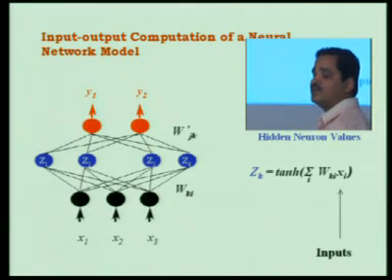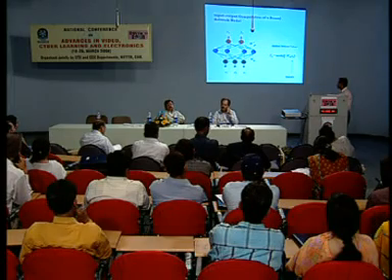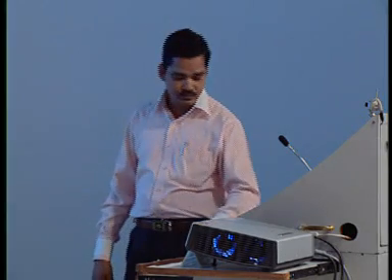That means what you are exactly doing here is forming a mapping between your inputs and the outputs. Here y1 is a function of these three parameters, y2 is also a function of these three parameters, and simultaneously you can find the values of y1 and y2 if you have certain sample values of data.